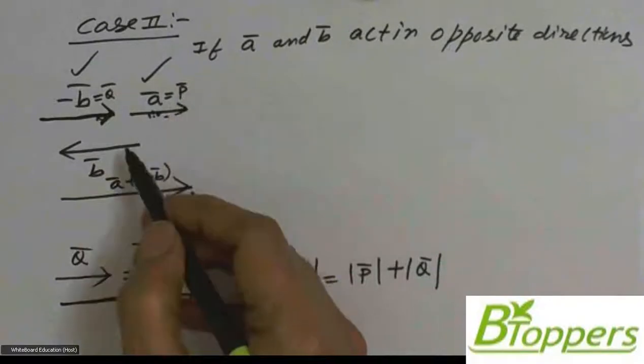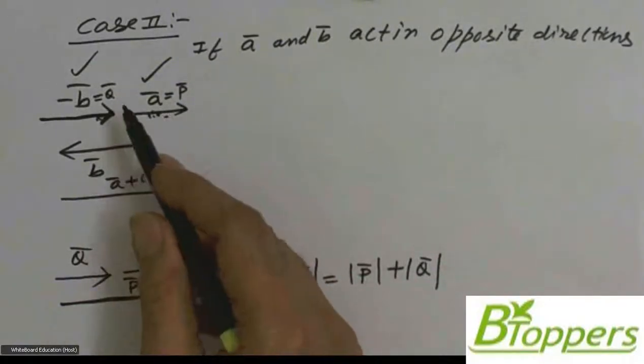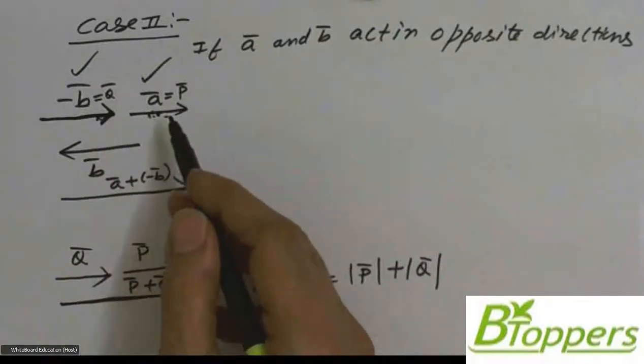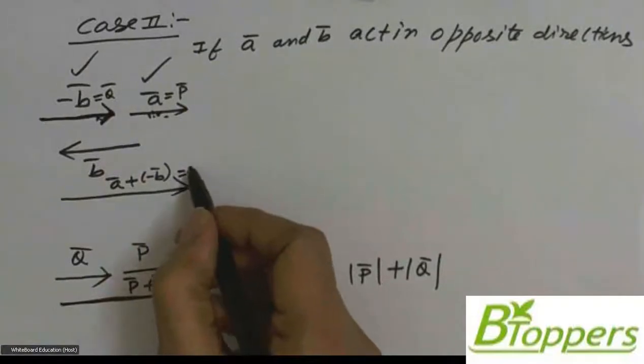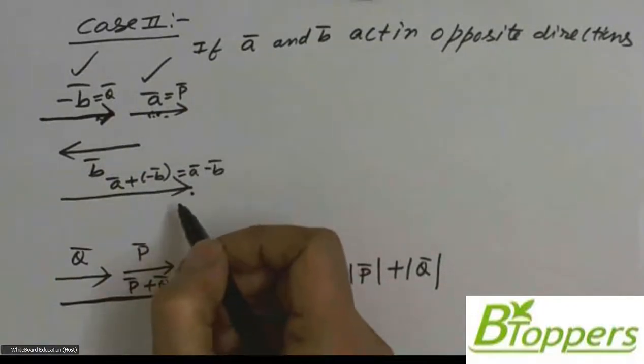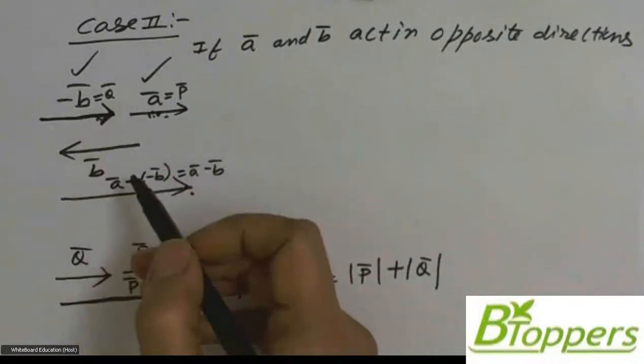So if a bar and b bar act in opposite directions, we can say that a bar and minus b bar act in the same direction. And the direction of the vector a bar minus b bar is the same as the direction of vector a bar or the same as the direction of vector minus b bar.